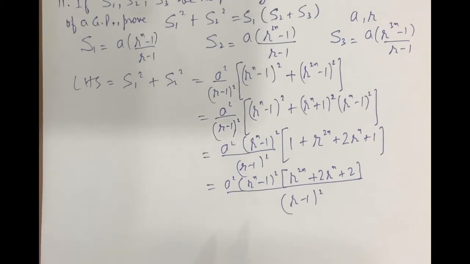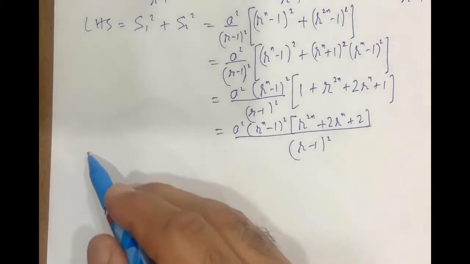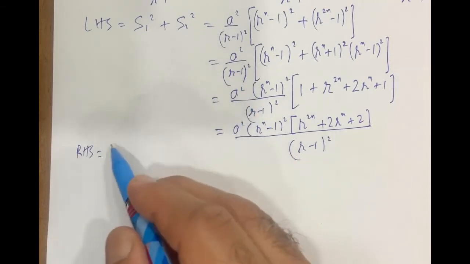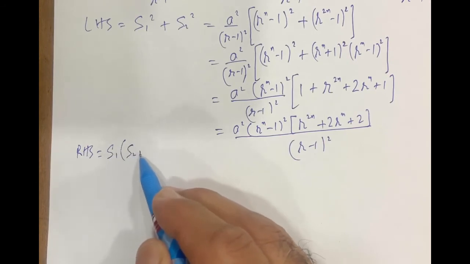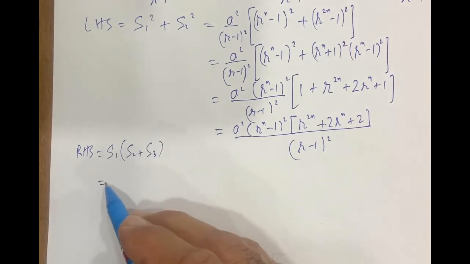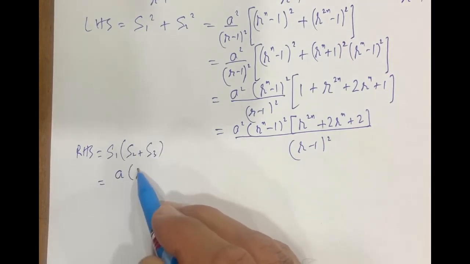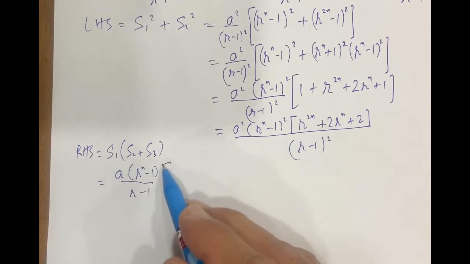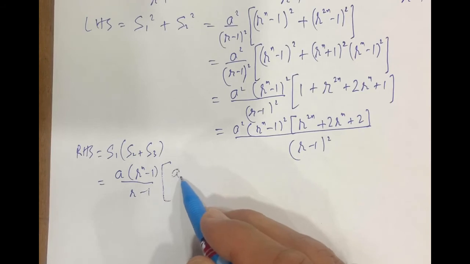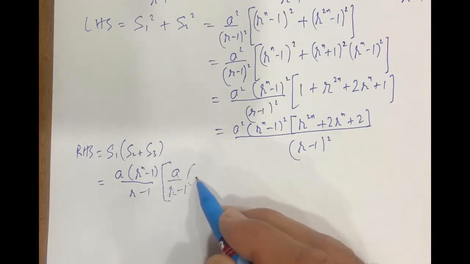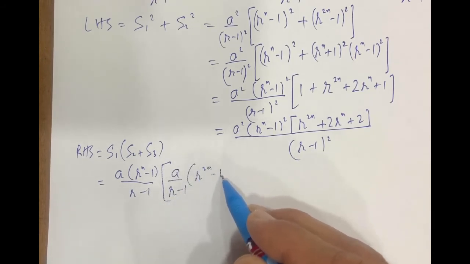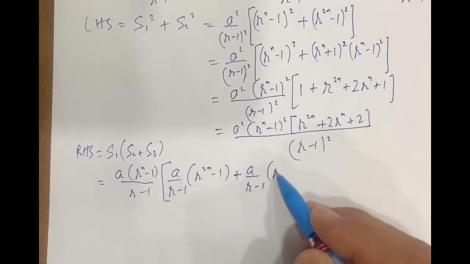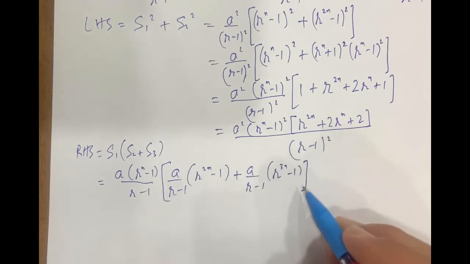Next we evaluate the right hand side. The right hand side is S1 into (S2 plus S3). S1, simply substitute values, (r^n minus 1) upon (r minus 1), inside S2, a upon (r minus 1) into (r^(2n) minus 1) plus S3, a upon (r minus 1) (r^(3n) minus 1).